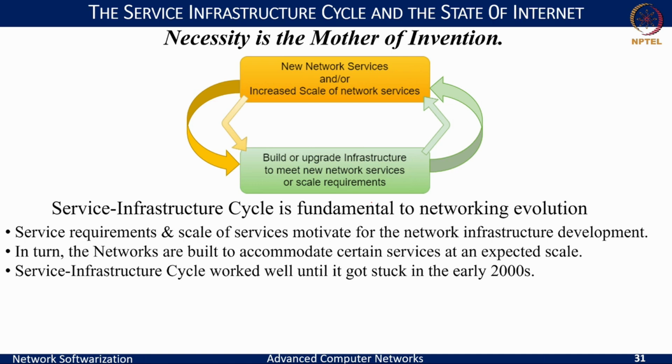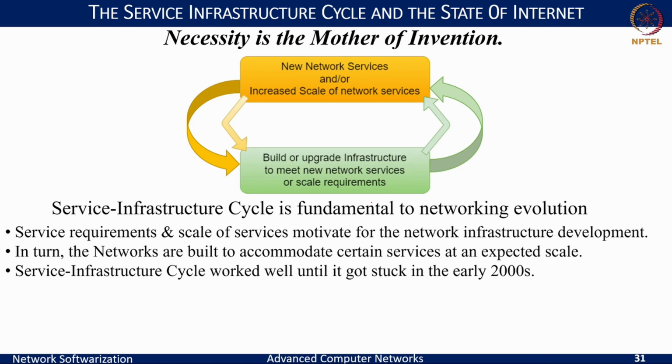And that's exactly what the green box shows, where you are trying to build or upgrade your infrastructure to meet the service requirements and the scale requirements of the services that are provided over the internet. And this chain worked well up till the early or late 90s.